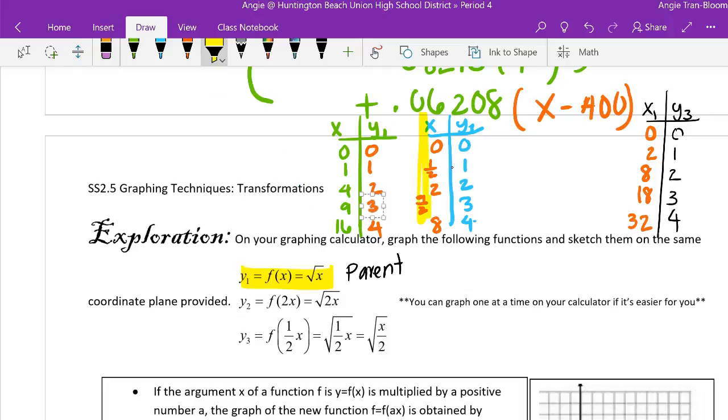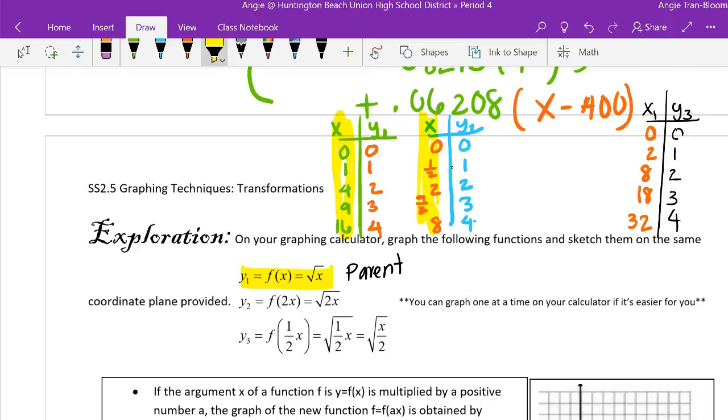What's going on with these values in comparison to those? They're half. So what can we say about y2 compared to the parent? Is it getting bigger or smaller? It is getting smaller, but how much smaller?